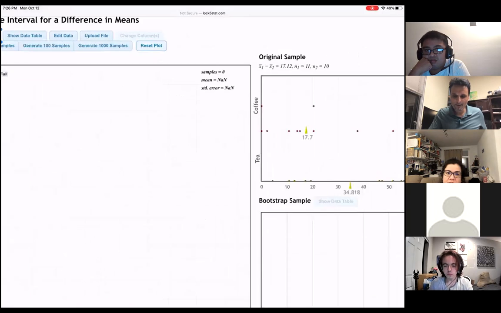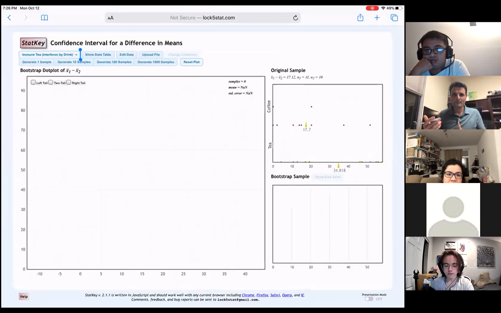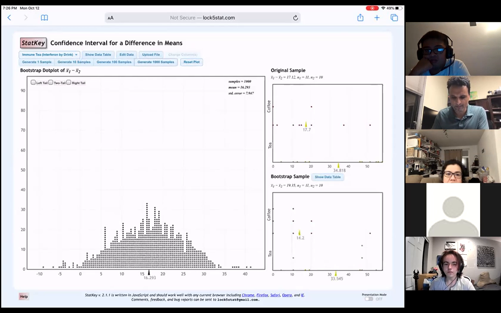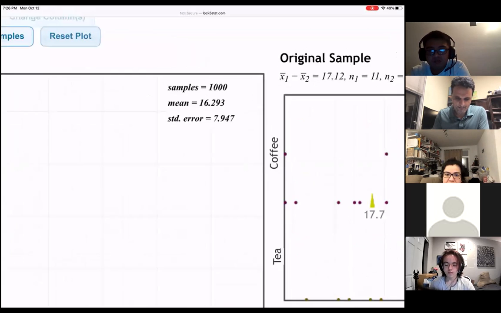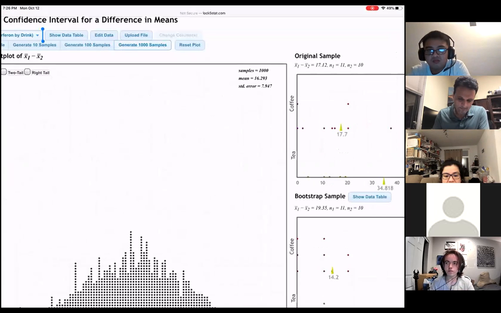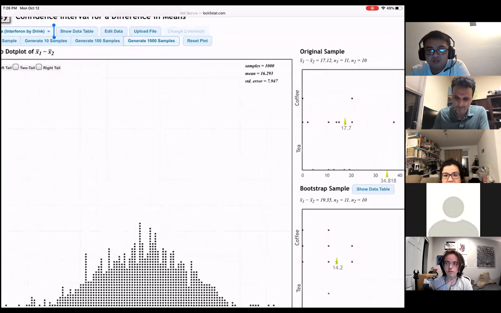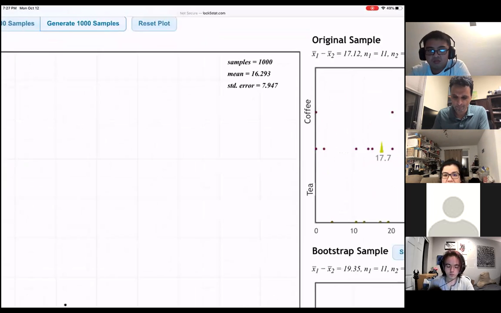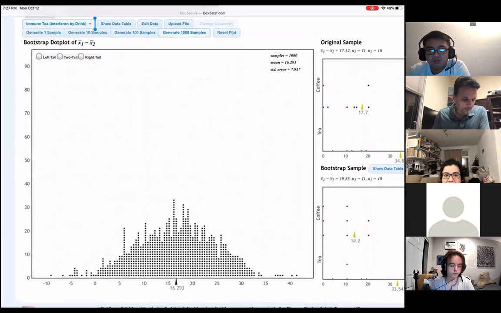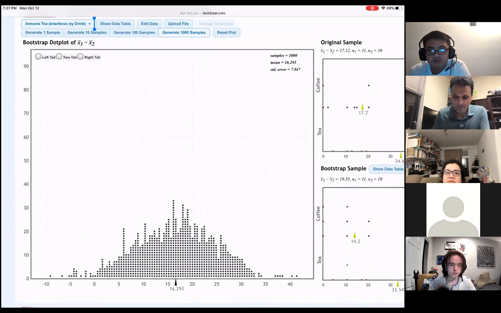So now we're going to generate bootstrap samples. I'm going to generate 1,000. Now we see a number here. Good. They ask us the standard error, so it would be 7.94. We have it here, correct? And they ask us 95%.